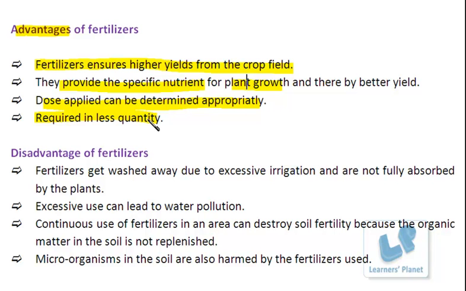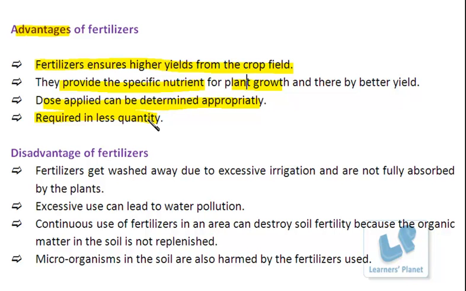And this I'm actually comparing with the manures. Manures, since they are organic compounds and have fewer inorganic compounds, are used in bulk amount. But the fertilizers are not supposed to be used in bulk amount. They have to be added in less quantity, according to whatever is required by the plants.